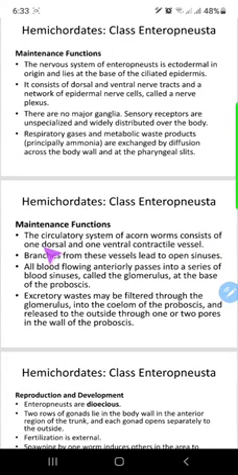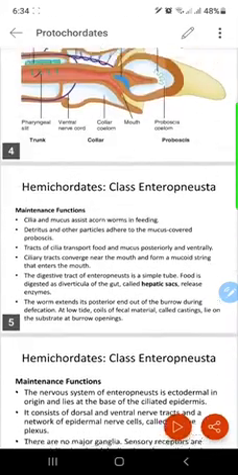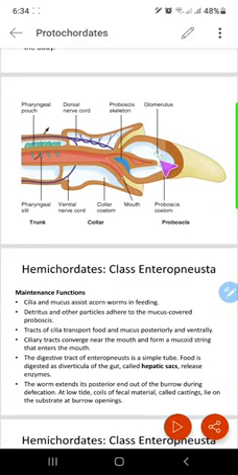Regarding the remaining maintenance functions, the circulatory system of acorn worms consists of one dorsal and one ventral contractile vessel, which can be considered as the heart. Branches from these vessels lead to open sinuses. All blood flowing anteriorly passes into a series of blood sinuses called the glomerulus at the base of the proboscis. You have seen a ciliated structure like the glomerulus here.